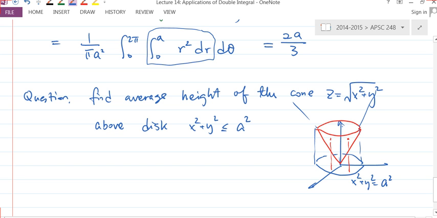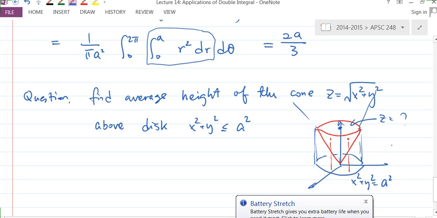Is that good? Before we move on, let me ask you a trivial question. Suppose this is vertical. What would be the z value here? This is a top flat surface, and it intersects the z-axis. Essentially the top one is a plane, z equal to something. So what would be the constant value?